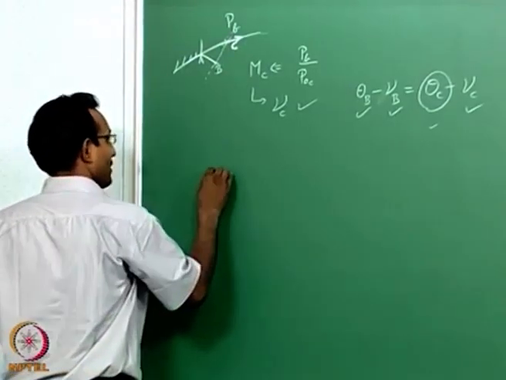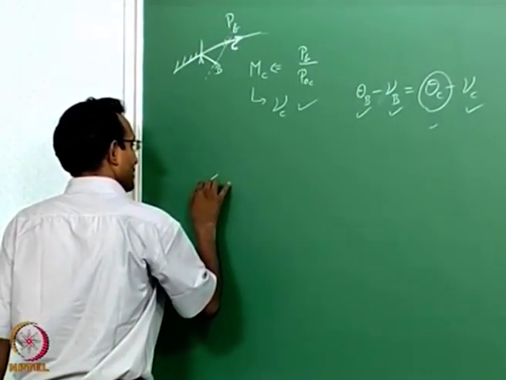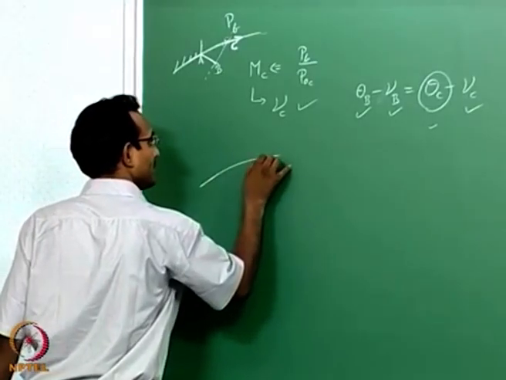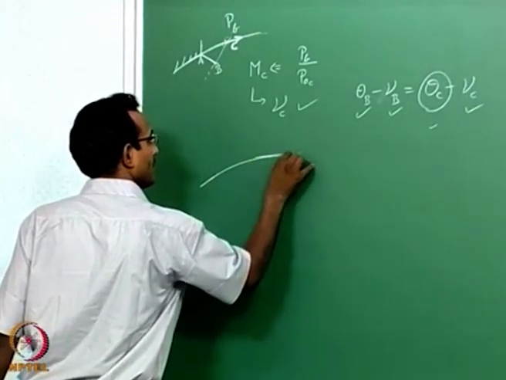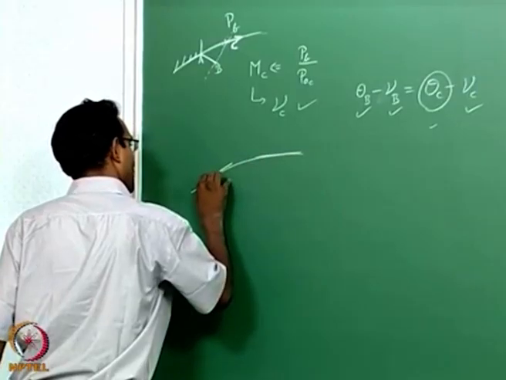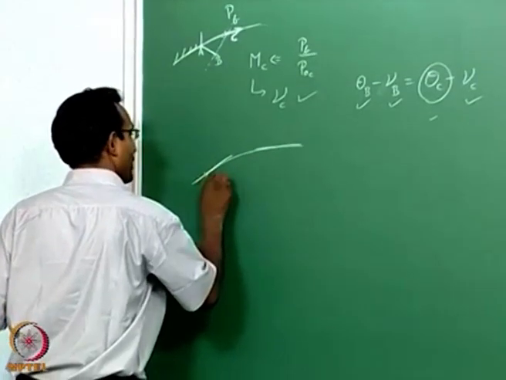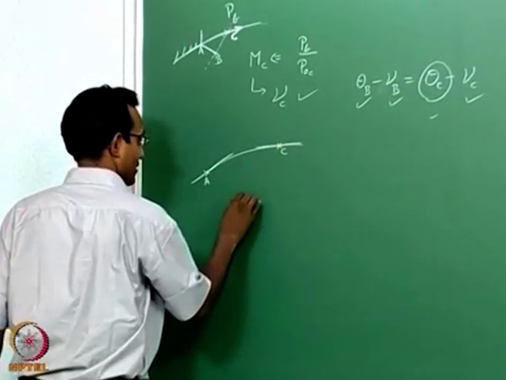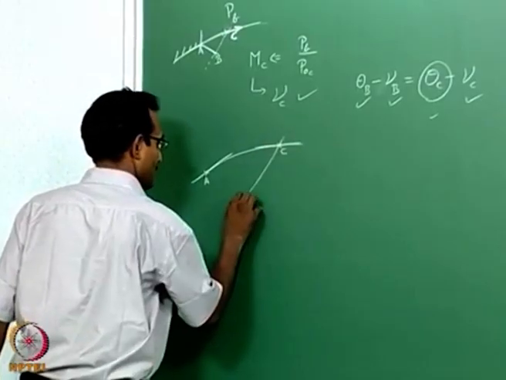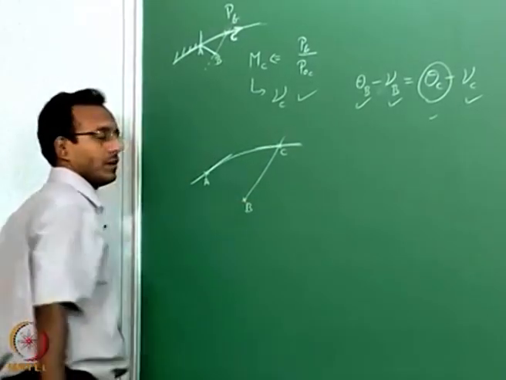To do that, we again go for similar approximations. I am going to say this is my point A, this is my point C, and there is B here.